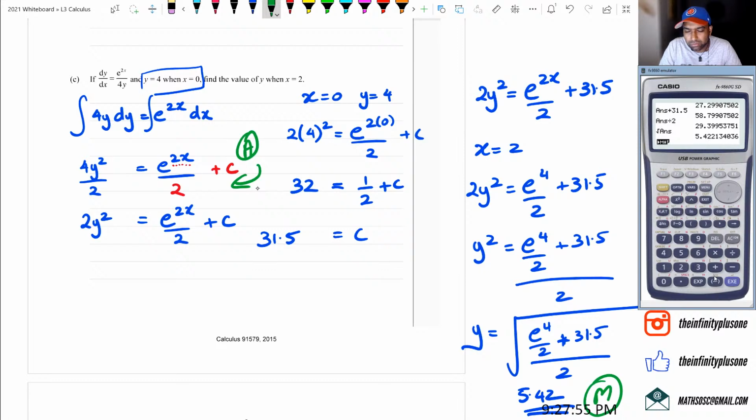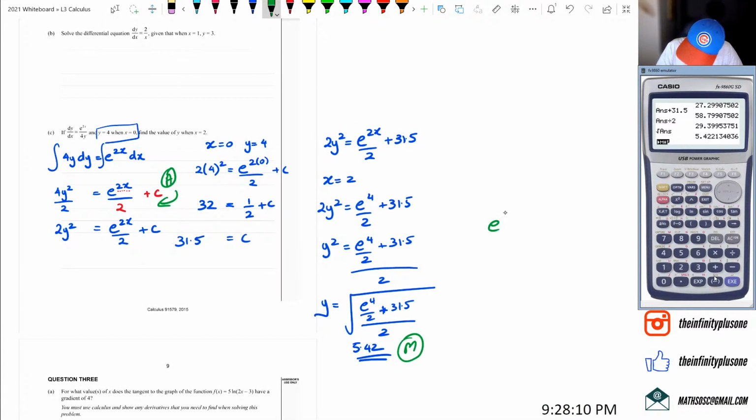I know I've told people before that you could leave your answer as e values. There's a lot of calculation in there. For example, if you had left it like this, e to the 4 over 2 plus 63 over 2, e to the 4 plus 63 over 2, and then if you divide it by 2, that becomes 4.